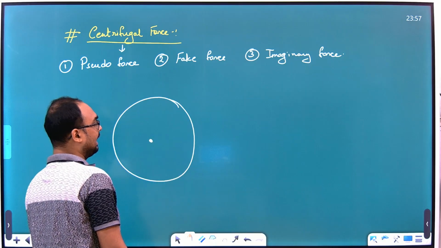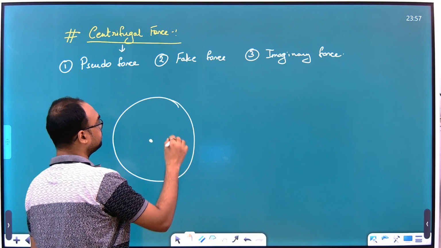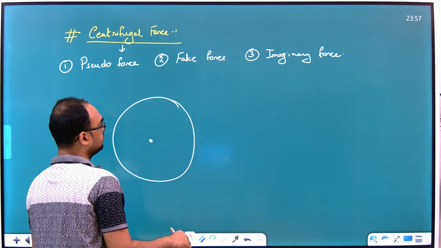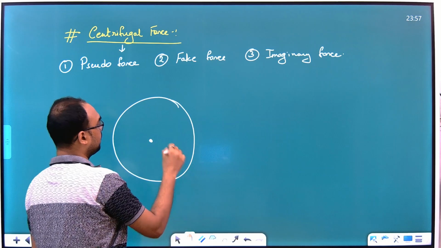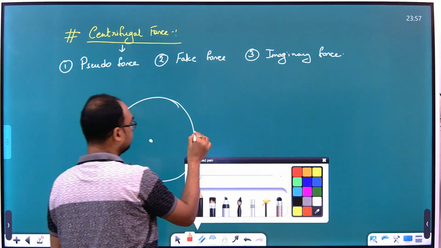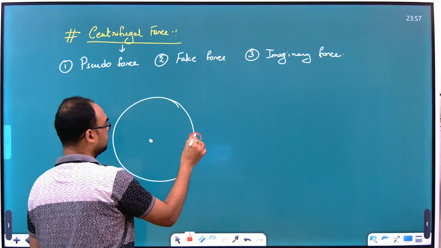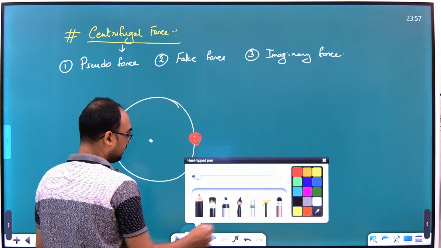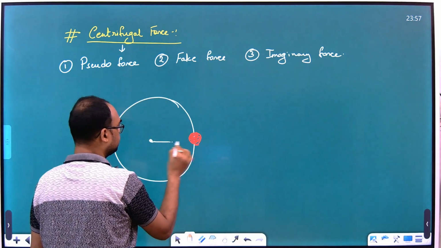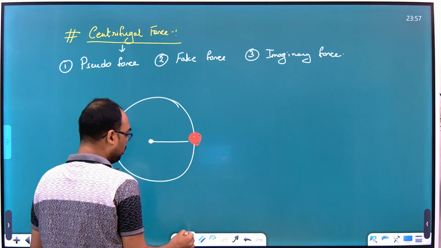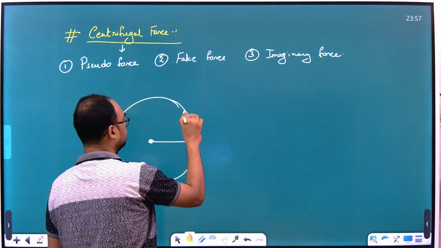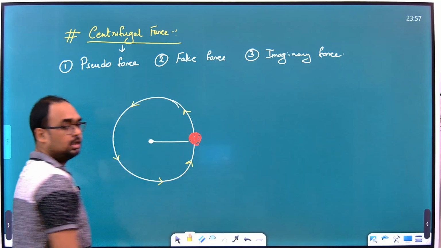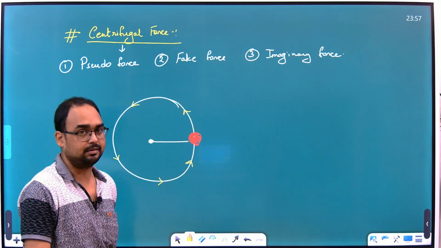Let us assume you tie an object and you rotate it in a circular manner.